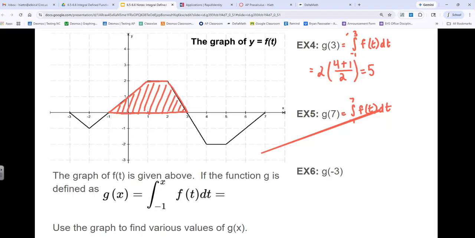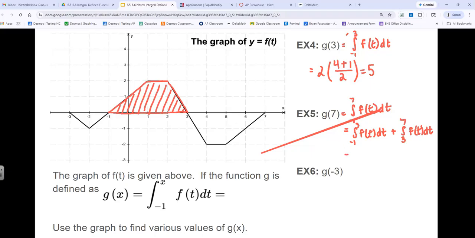You don't necessarily have to write it, but you definitely want to think it: this is really the integral from -1 to 3 of f of t dt plus the integral from 3 to 7 of f of t dt, right? That's one of those properties that we just wrote down. If I have these integrals of two sections right beside each other, I can just add them together to get the full integral.